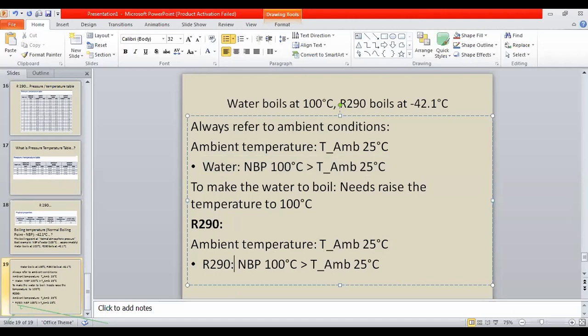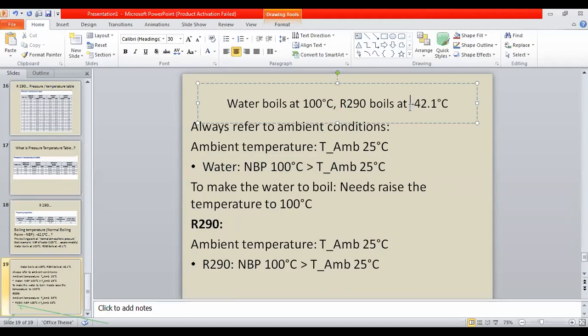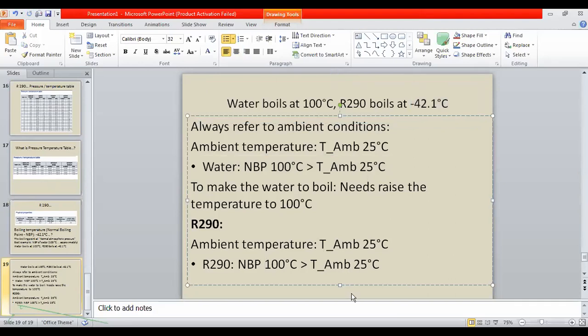We are right. Minus 42.1. It is minus. This is less than. This is the point.